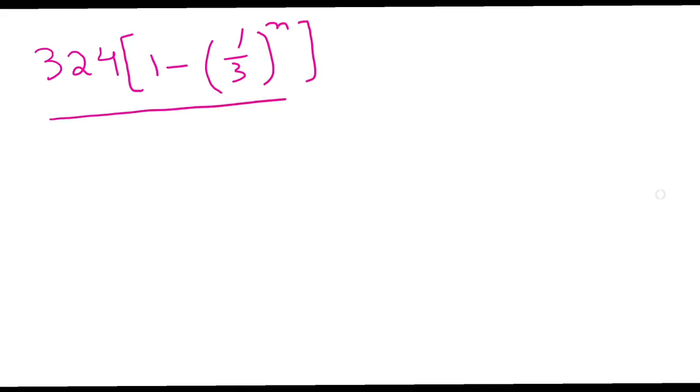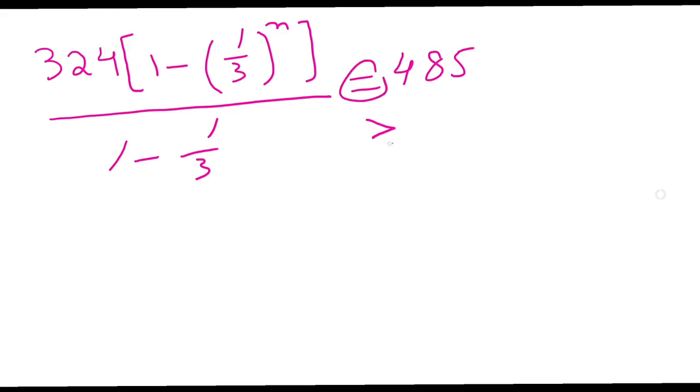So a we got 324 big bracket 1 minus, and the ratio we got 1 over 3 power n big bracket close over 1 minus r, which we got 1 over 3, is equal to 485. Some of the learners get mistake when they write greater sign, so you can even write the equal sign or greater sign, doesn't matter. At the last you can round off the answer.